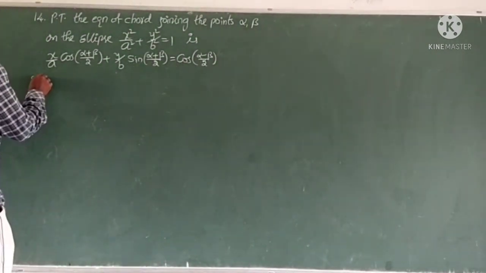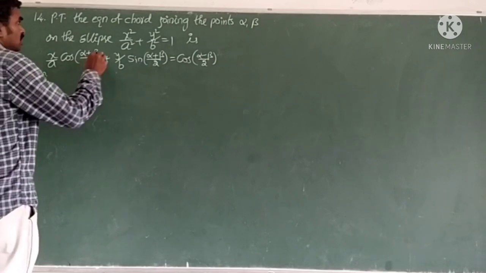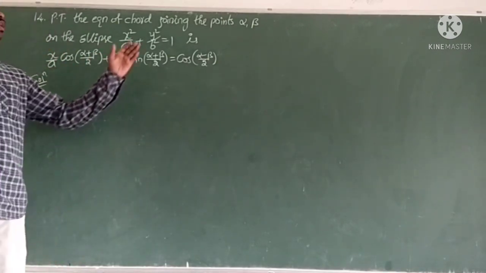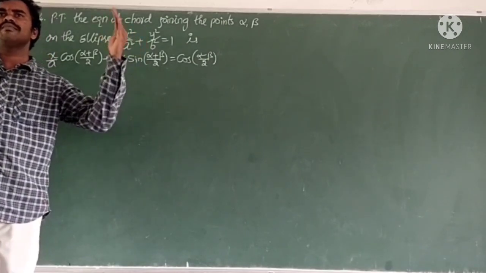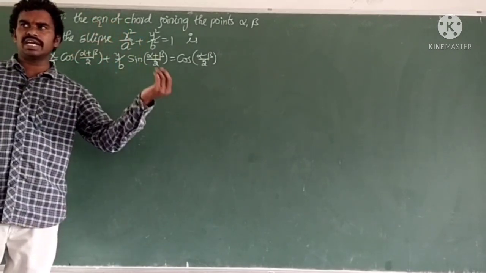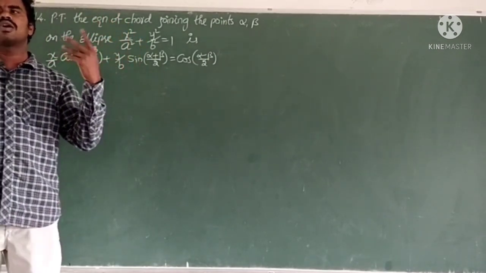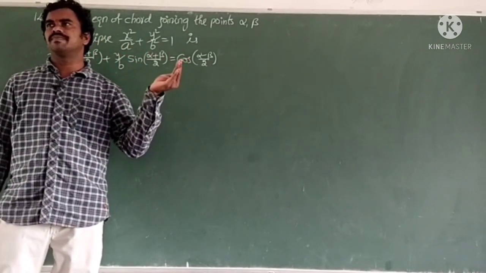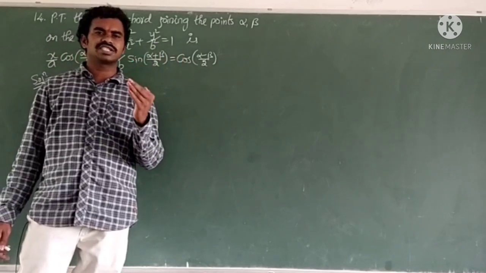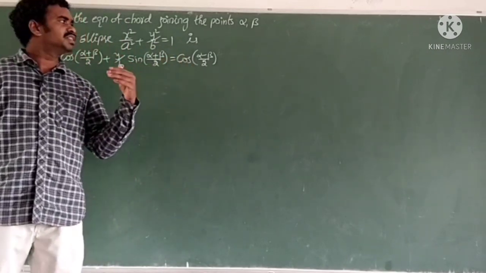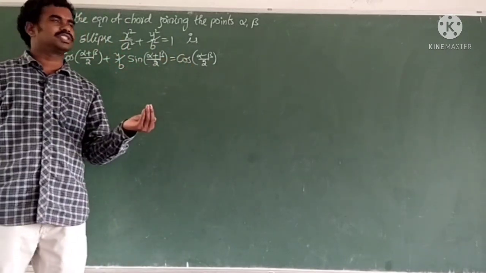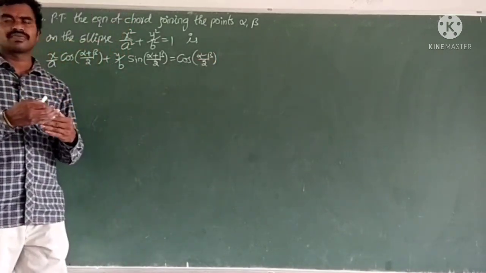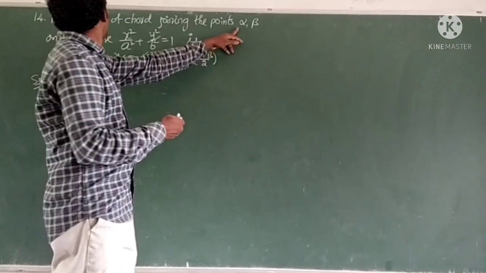Okay, so what are the 2 points? In the ellipse, generally whenever we don't know the points, at that time we can take the points in terms of theta. Those are called parametric equations: a cos theta comma b sin theta. X is equal to a cos theta, y equal to b sin theta. We just call it the parametric equation. But here he is asking for the points in terms of alpha and beta.